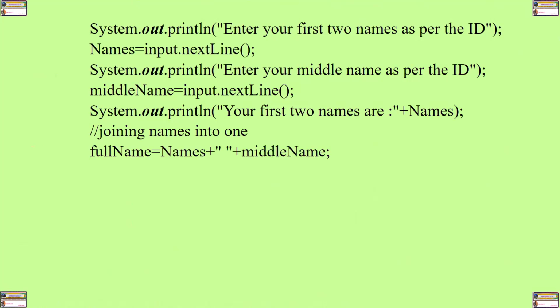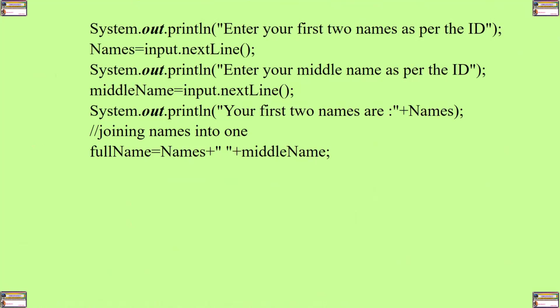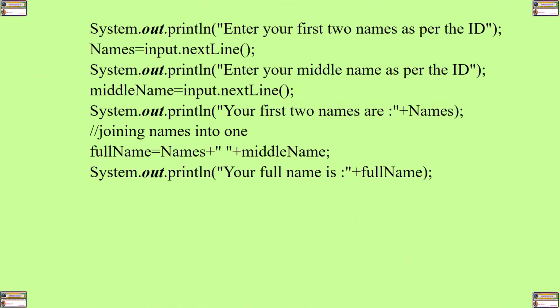And then we can join the two names with the middle name. What did we use? We use the operator for joining. We can write it as names, the content in memory location names, joined with the content in memory location middle name, and that will be stored in the memory location called full name. If we write out the statement, your full name is, the processor will pick the content in the memory location full name and display it on the screen, and it will contain the three names.